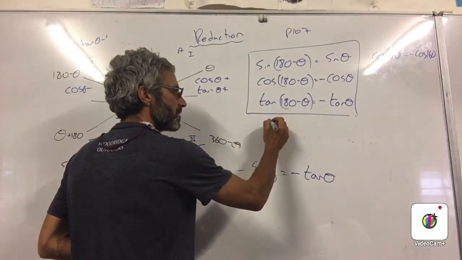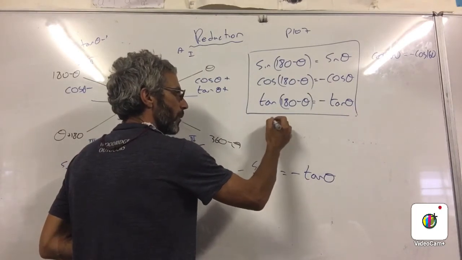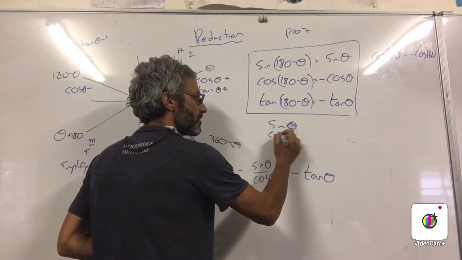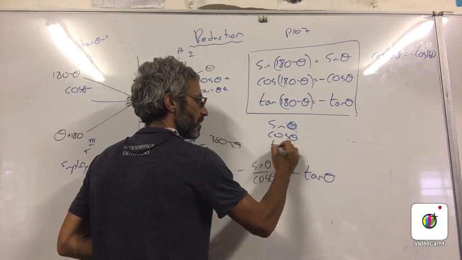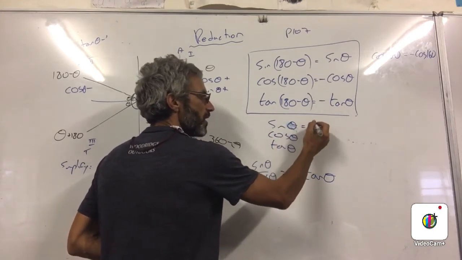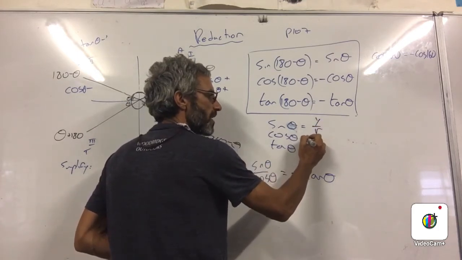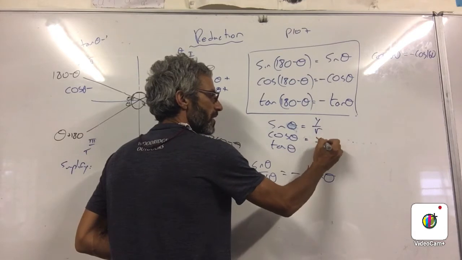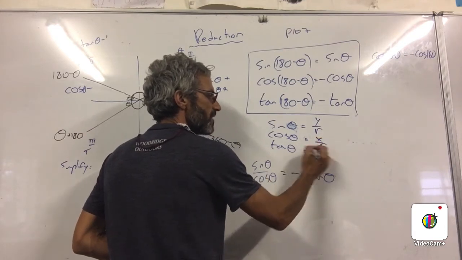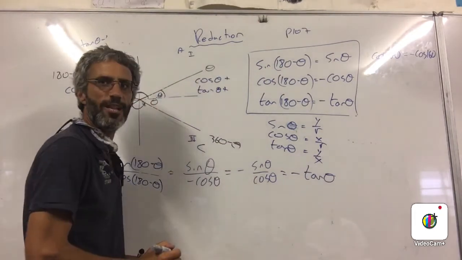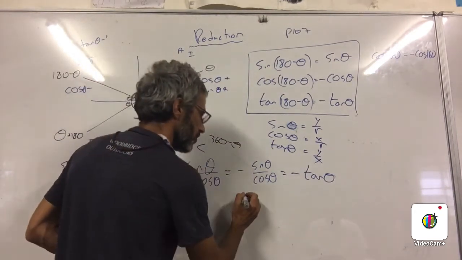So, guys, let's just quickly write down what sine theta is, as we wrote last lesson. It was y over r. Cosine theta is x over r. Tan theta is y over x. Now, check this. You haven't seen it before.